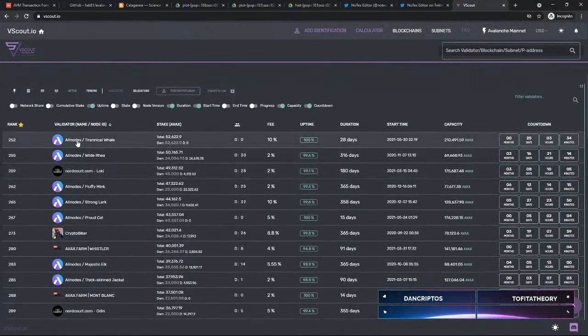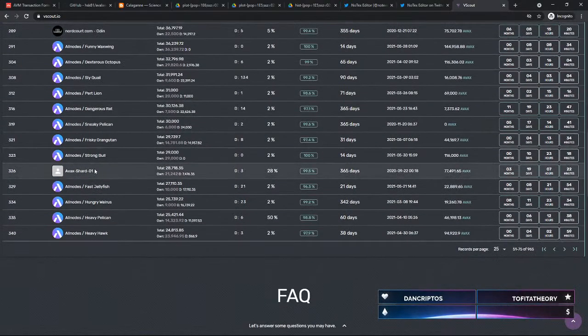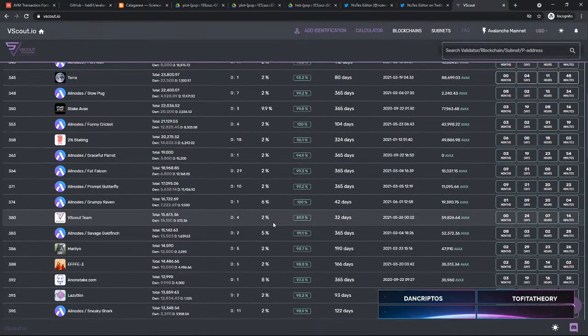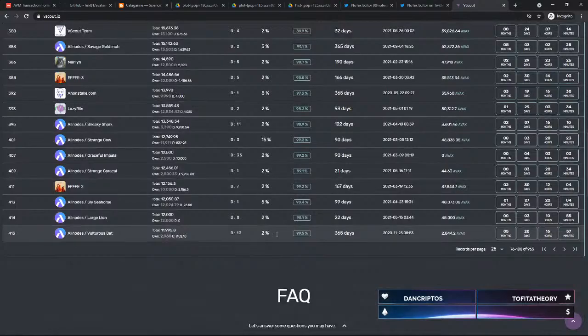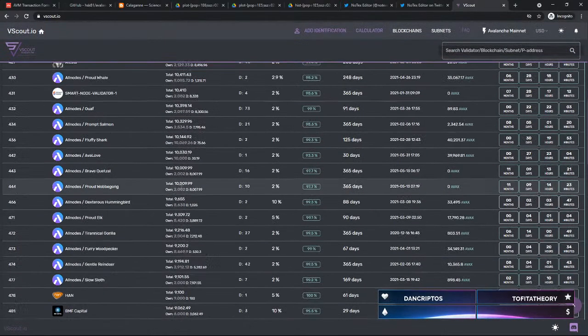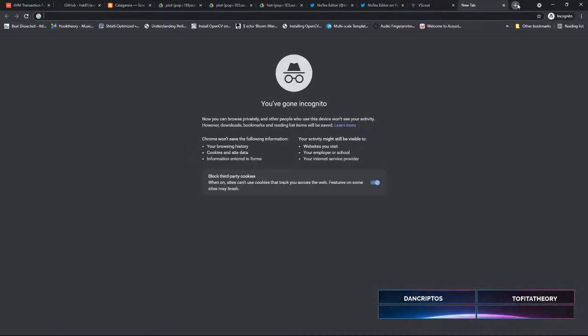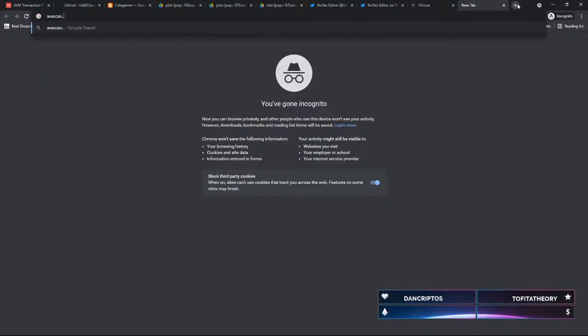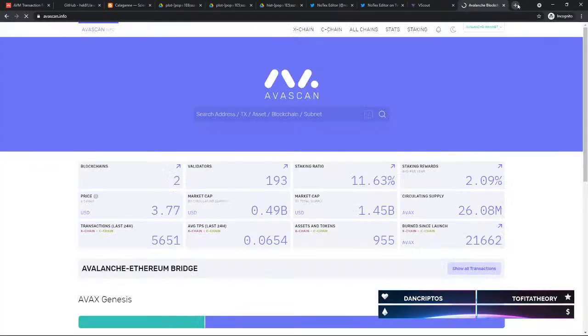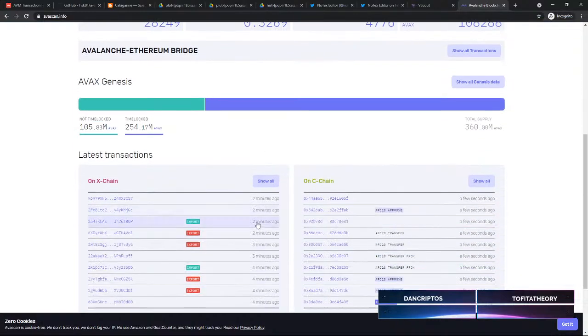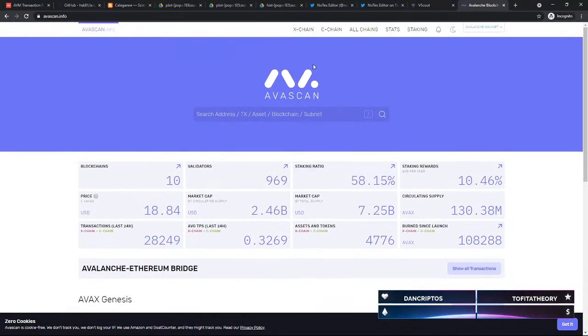So what you can also do is look at the tremendous number of staked nodes out there. vScout has this registration. Avascan has done a good job there. If you open Avascan, they have nice statistics about which, I call them pools. They're like pools, right? Stats on the top.